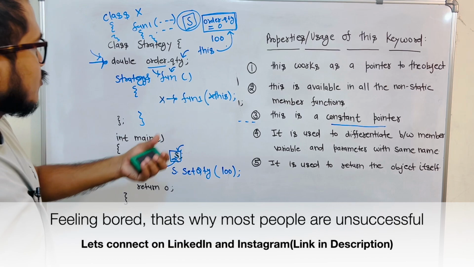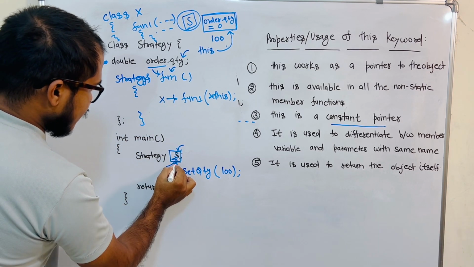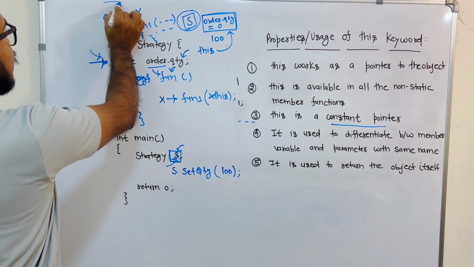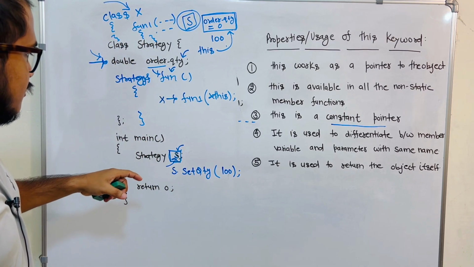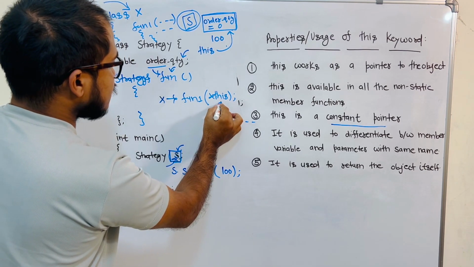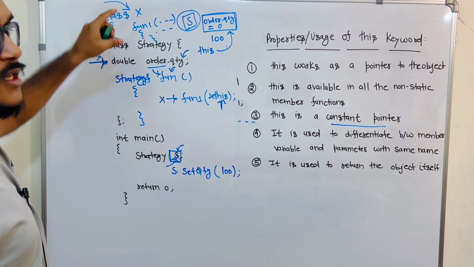So this way I am trying to access this particular object inside a function which belongs to a completely different class. So this is how I can pass this particular object to any function which belongs to any other class.